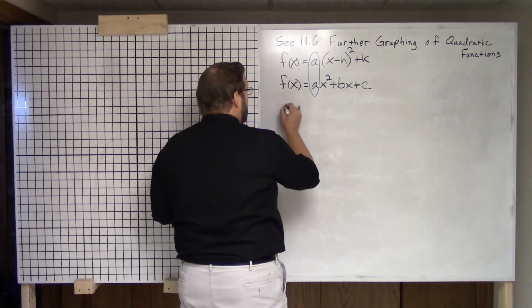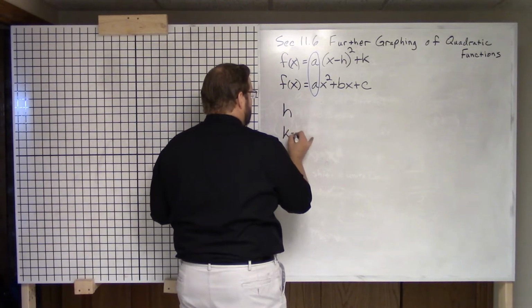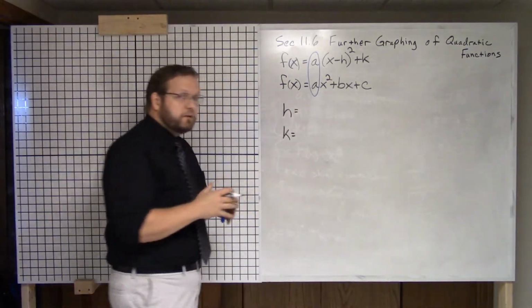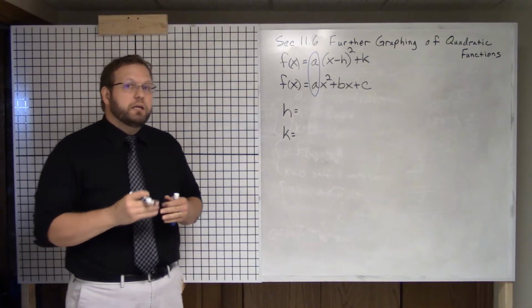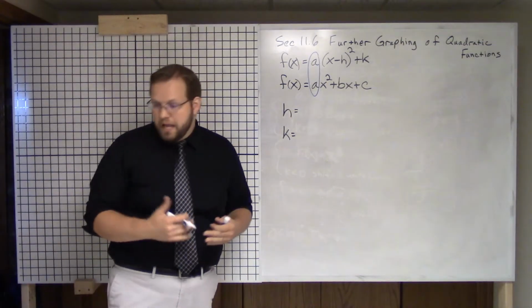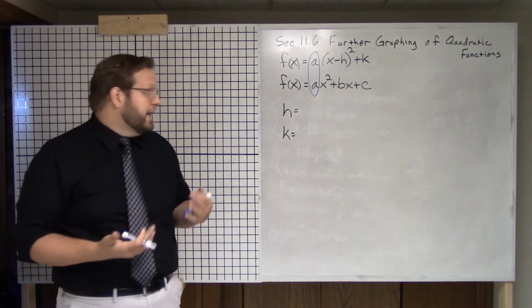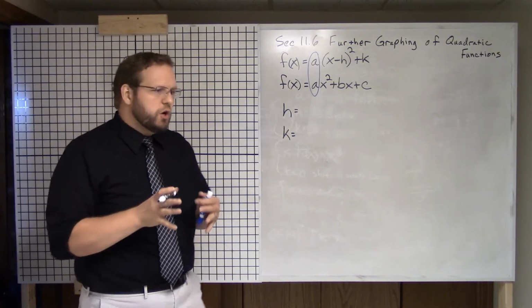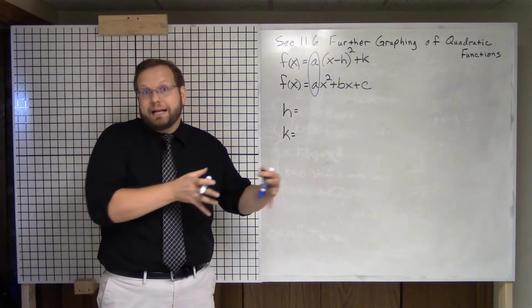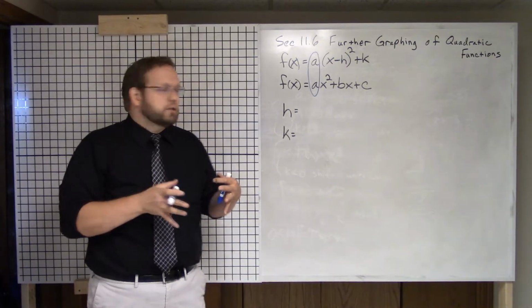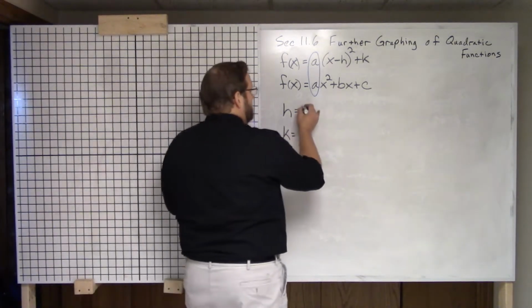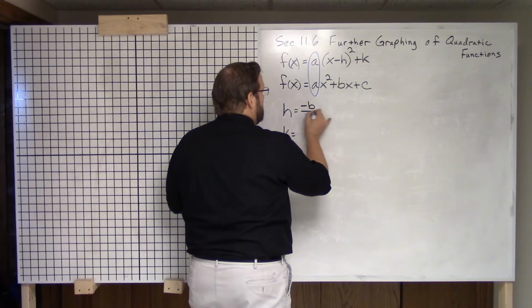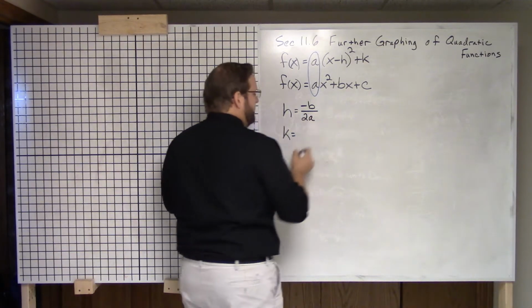Whenever we are looking for these values, there's a very simple translation that uses the a, b, and c and translates it to that h and k. The h is where we're going to start. H was always that left and right, or the x value for the vertex. That is going to be calculated with the opposite of b over 2a.